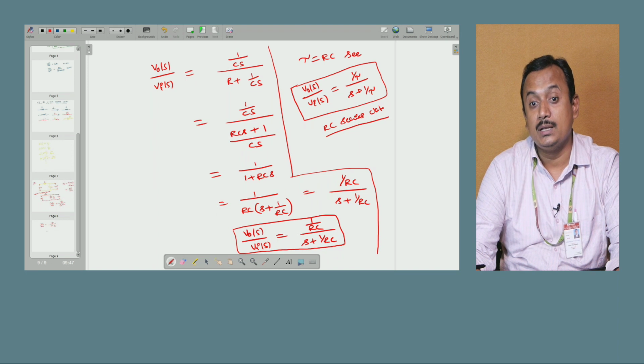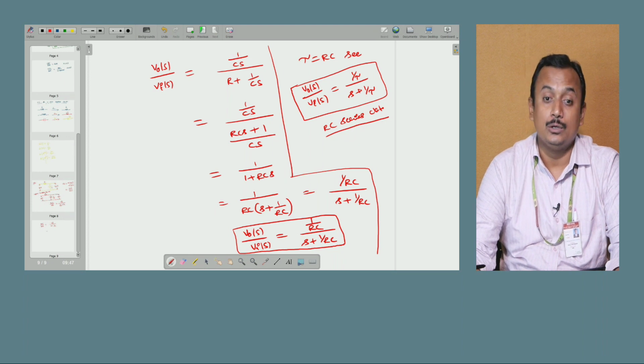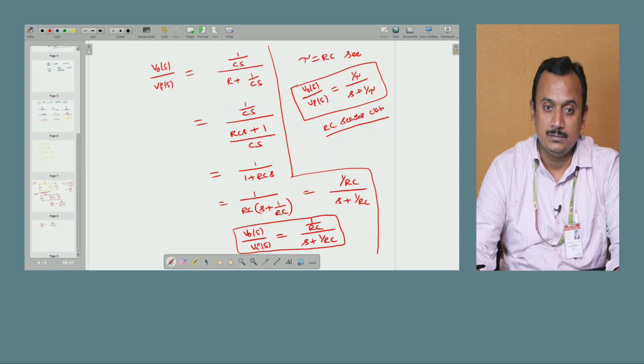Like that we are going to analyze once we have a mathematical model of the system. The conclusion from this slide is that the transfer function is going to give you the mathematical modeling of that system. That is, it is going to give you the relation in terms of output and input.